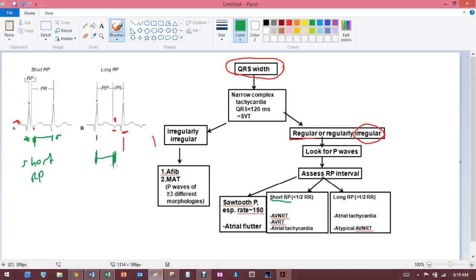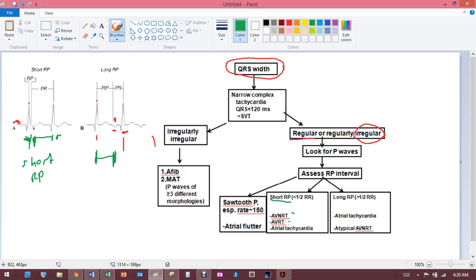You go over here and you see that the space from the R wave to the P wave is very short. If you have that, you have AVNRT. I believe that stands for Atrioventricular Nodal Reentrant Tachycardia. Or you have AVRT, which is Atrioventricular Reentrant Tachycardia. Hopefully I'm getting the acronym for that correct. And then over here you have atrial tachycardia, meaning the atria are firing too fast. That's one of the things that can happen.